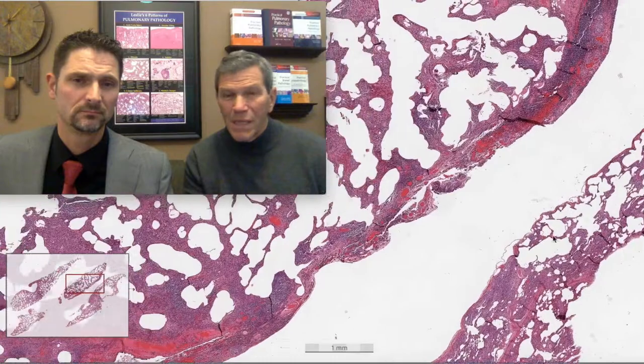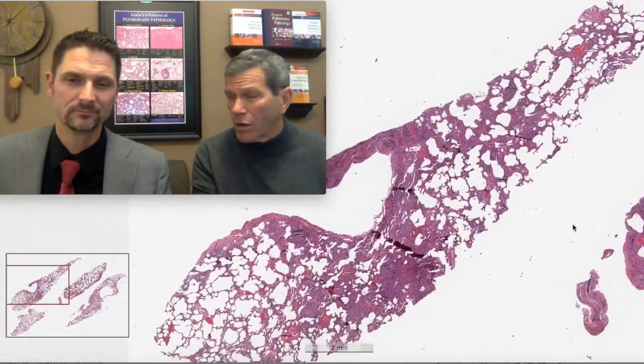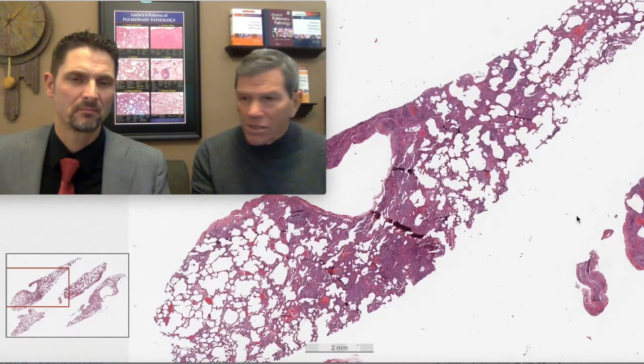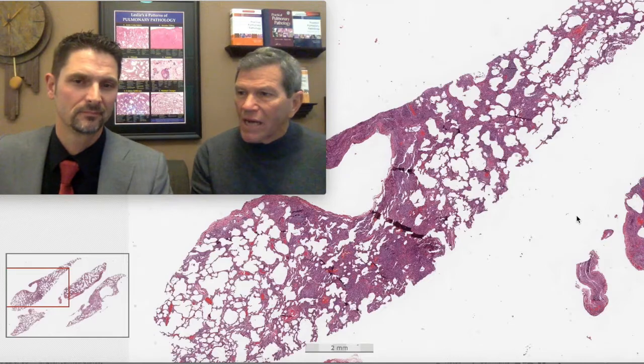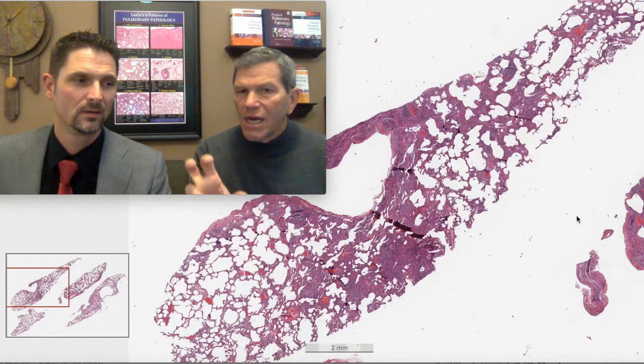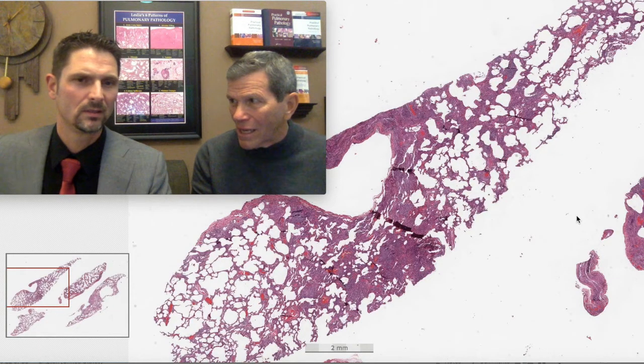So they were thinking it might be LAM, but the interstitial changes in the background argued against it, because LAM has normal lung in between the cysts. So the radiologist said, I think this is the radiologic condition we term LIP. Now the radiologists have an LIP.